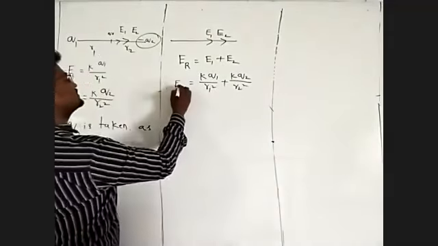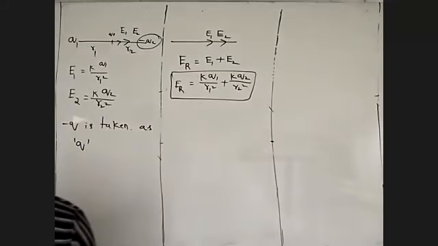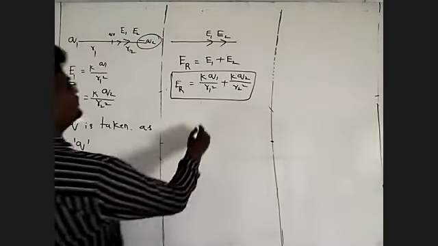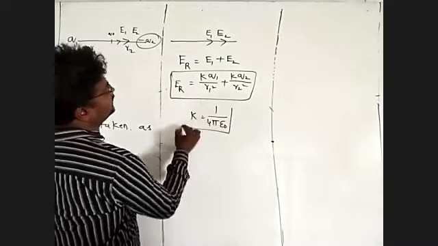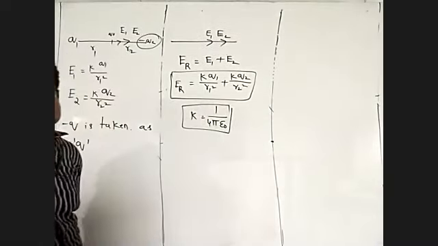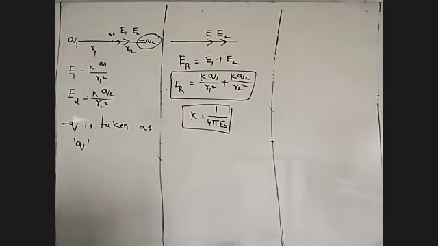Now this is your resultant electric field. K, as you know very well, is 1 by 4 pi epsilon naught.